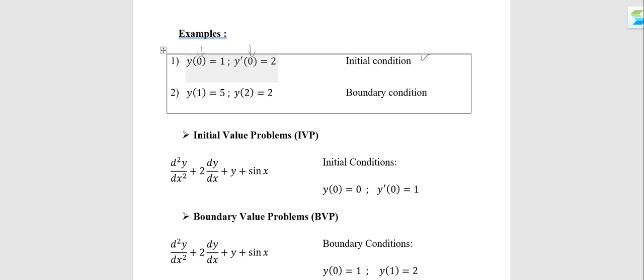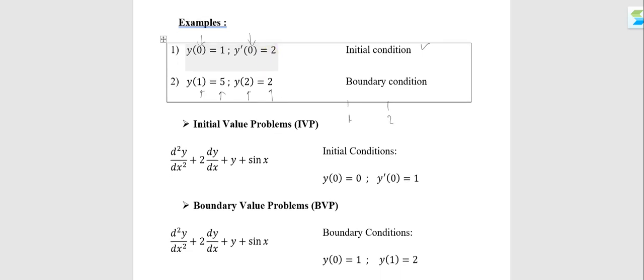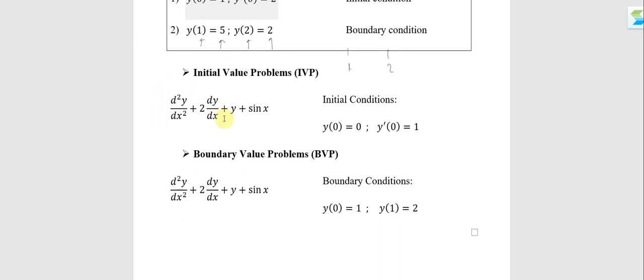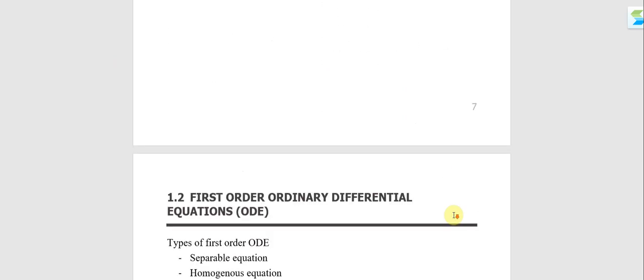But when it comes to boundary condition, you have when x equals 1, y equals 5. When x equals 2, y equals 2. So this is boundary condition because x goes from 1 to 2. So we have the initial value problem and boundary value problem. Later we'll do examples on this, right?